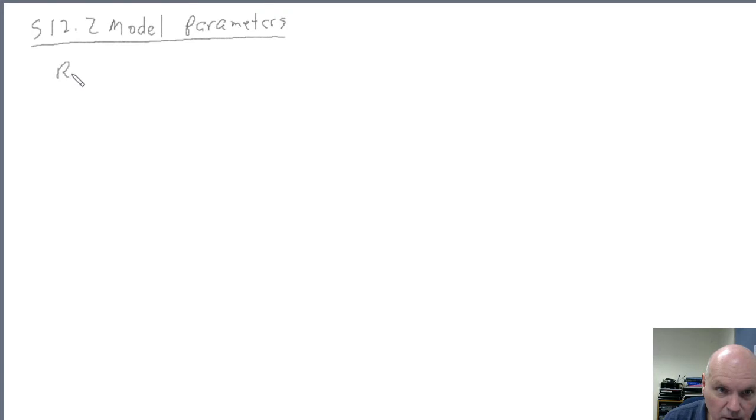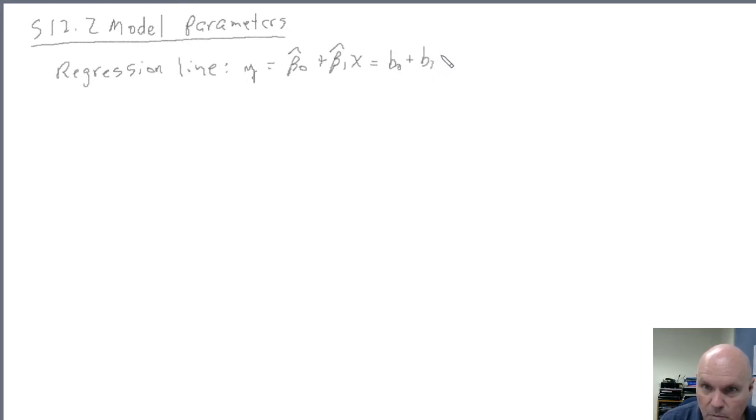The regression line has the following form: y is equal to beta 0 hat plus beta 1 hat times x, or, in the alternate notation used in the textbook, b0 plus b1 x. We want to come up with formulas for b0, the intercept, and b1, the slope of the regression line.